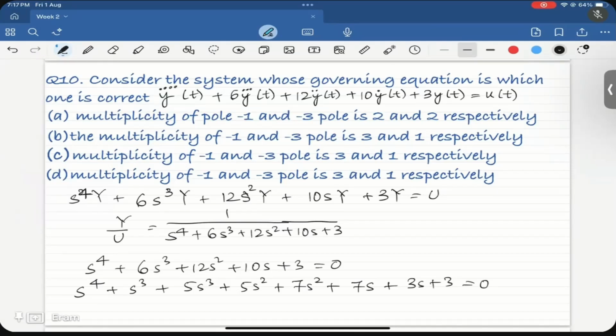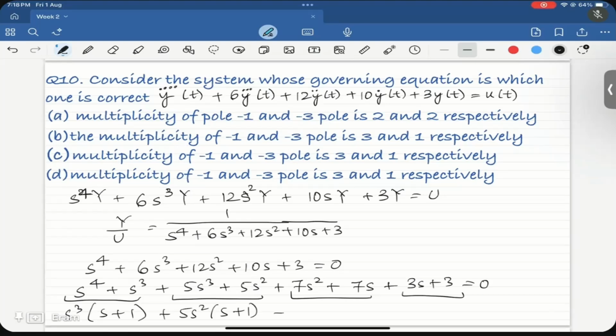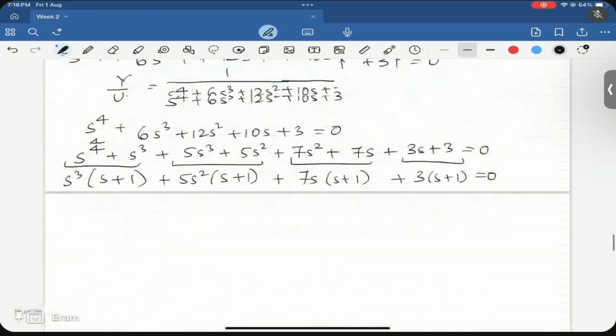Okay, so I have done this such that in every group I can take s plus 1 as common, because that will give s equals -1 as the pole. So we can now take s plus 1 common, s plus 1, s plus 1, and again s plus 1 equals 0.